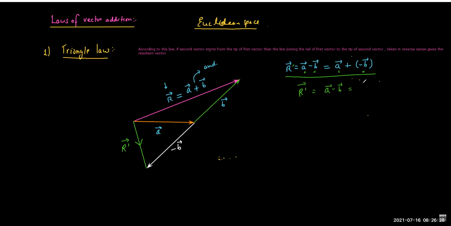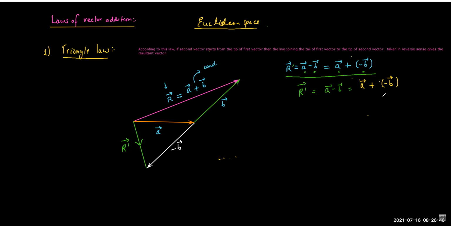To prove that, you may think of this as the addition of A and the reverse of the B vector. Because it's a new vector, minus B is not the same as B. Minus B is something different and B is different.